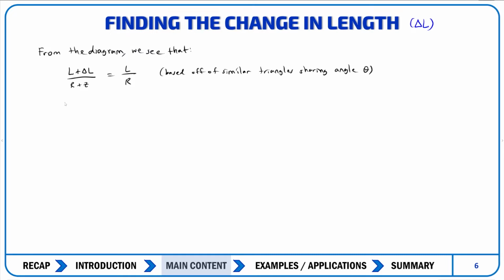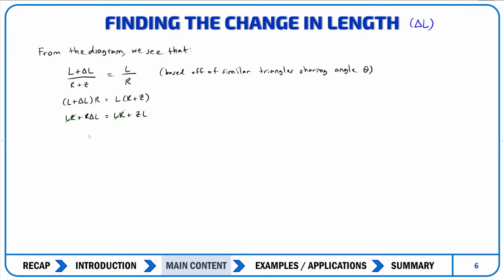We have L plus delta L times R is equal to L times R plus Z. We can expand and end up with this. See if we can cancel some components out. We know that LR will basically just cancel each other out.